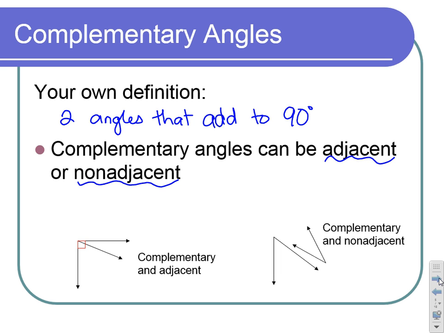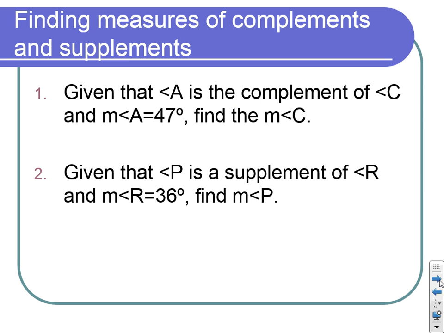Like we talked about yesterday, if you have 90 degrees anywhere on a problem, you need to make sure you mark that right angle. These two over here are the complementary adjacent angles, and these ones that are not touching are the non-adjacent. So touching versus not touching, adjacent versus non-adjacent.